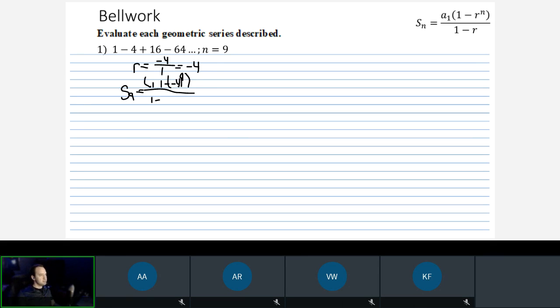My ratio is -4, very good. We just plug in the stuff, n is equal to 9, and that's given. So the sum of the first 9 terms is equal to, looks like we are simplifying a bit.